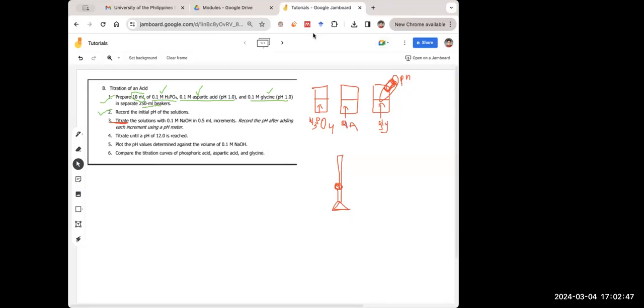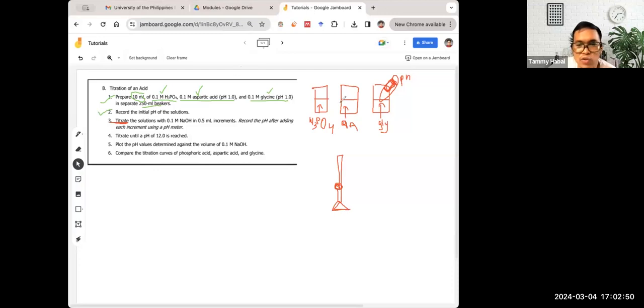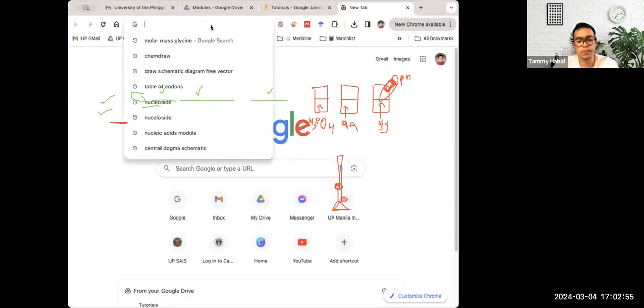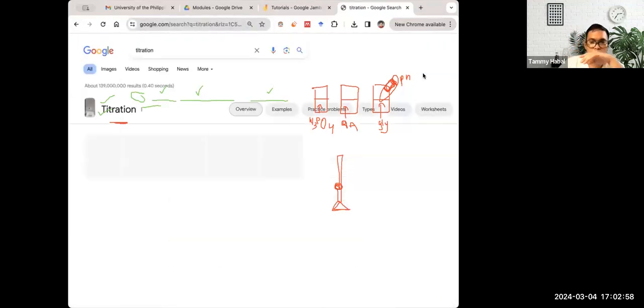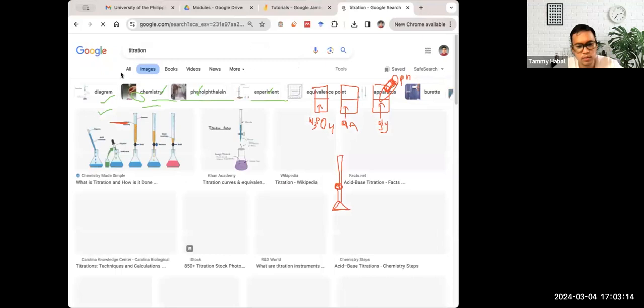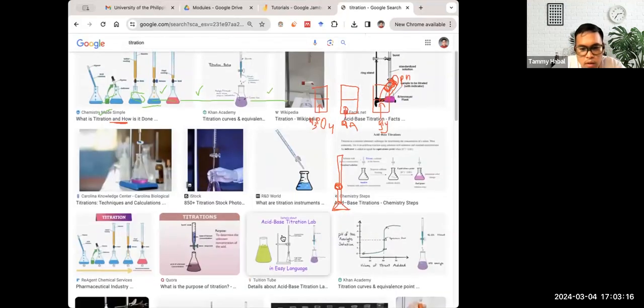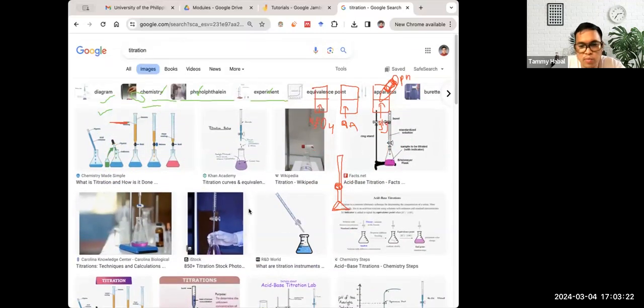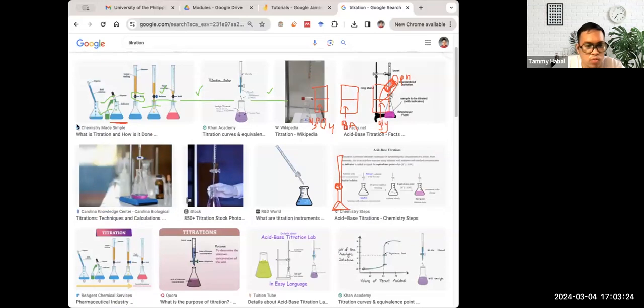Okay, I'll teach you how to titrate. Wait, how do I hide annotations? Okay. Wait a moment.